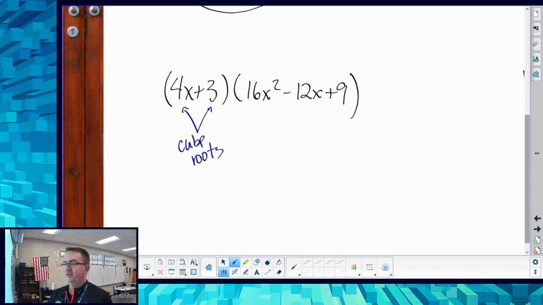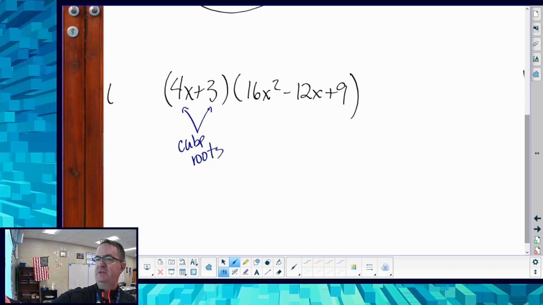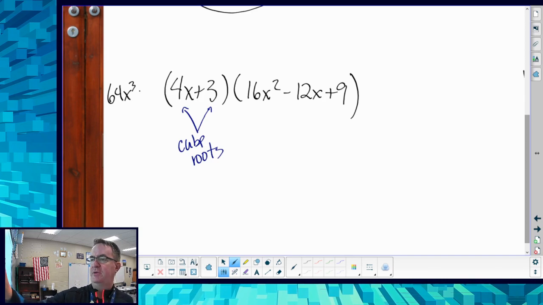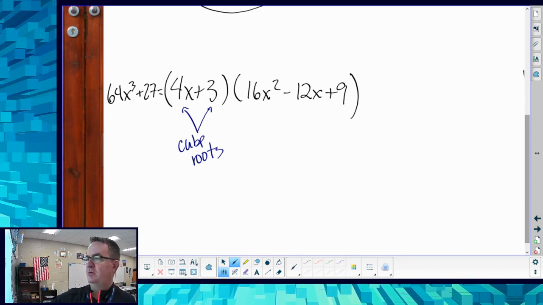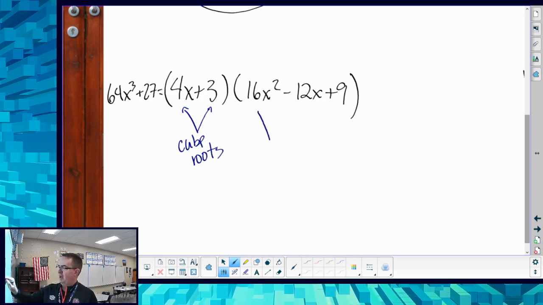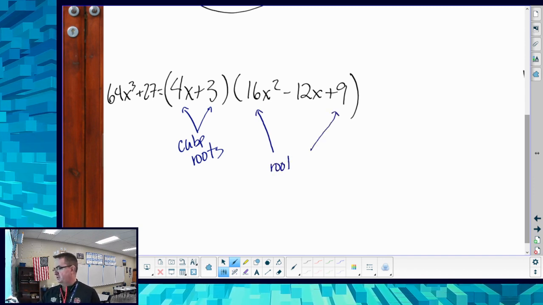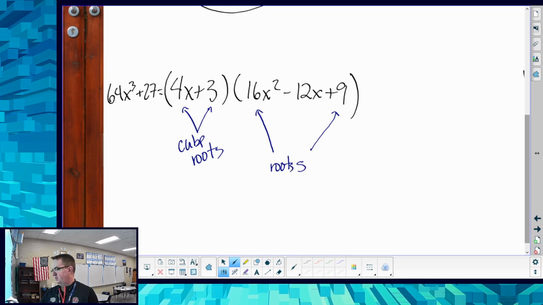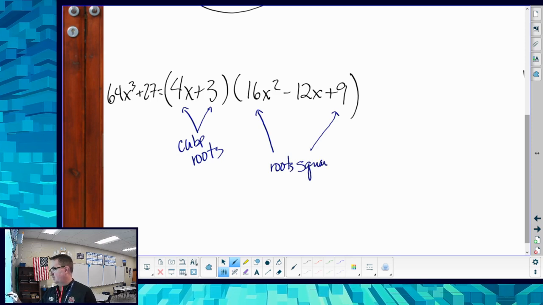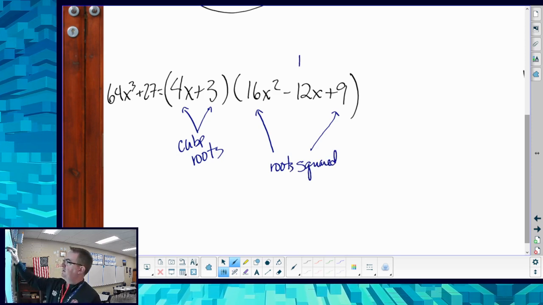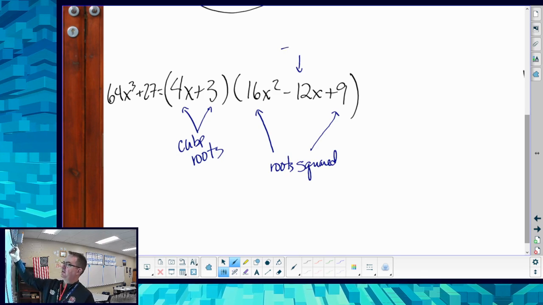And I should probably also put 64x to the third plus 27 here. And then these are your roots squared. And then this is the opposite.